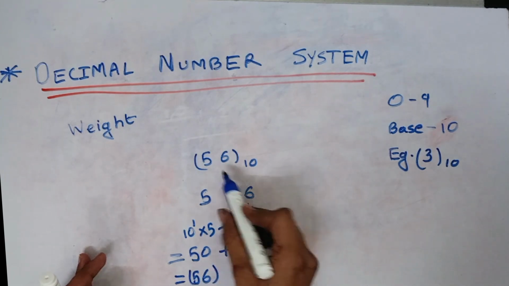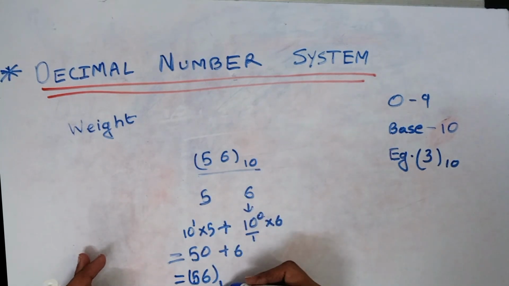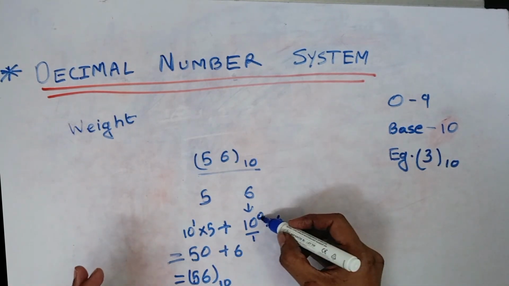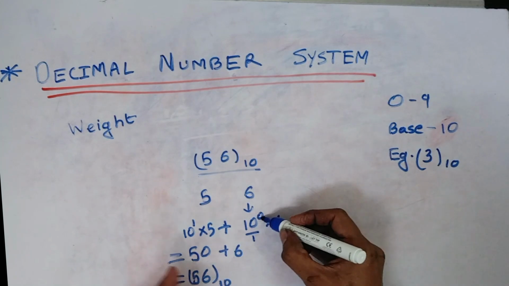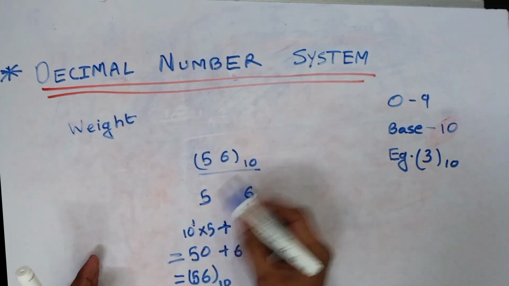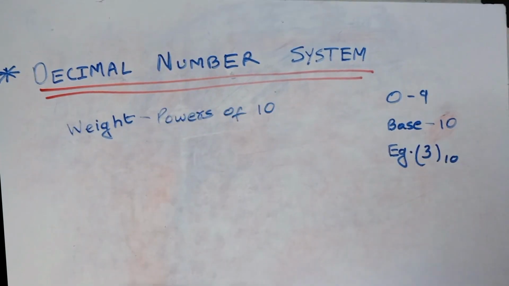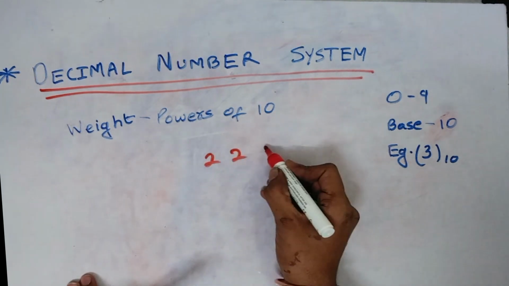So this is how a decimal number is represented in powers of 10. It is important to note that we have to take the consecutive real numbers as the powers of 10. So 0, 1, and if there are more digits, we can take 2, 3, 4, 5, 6, and so on. Now let us take an example of 224.